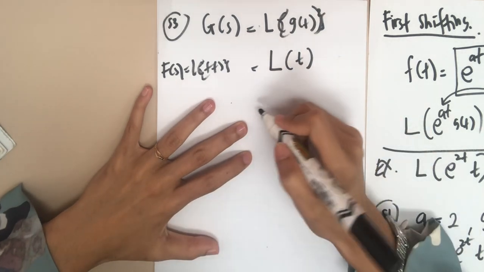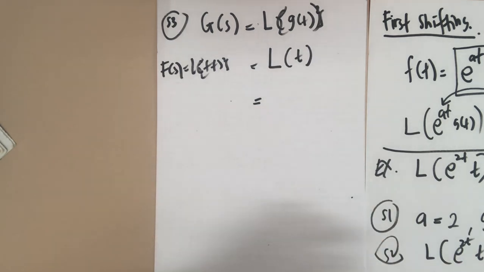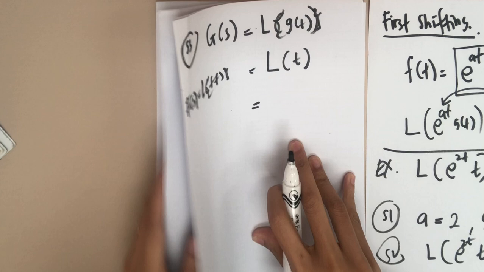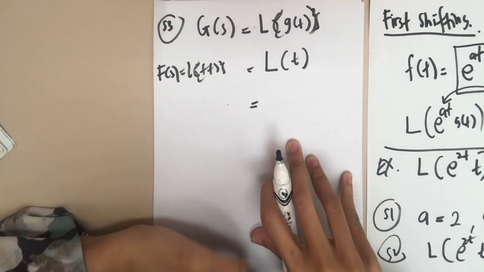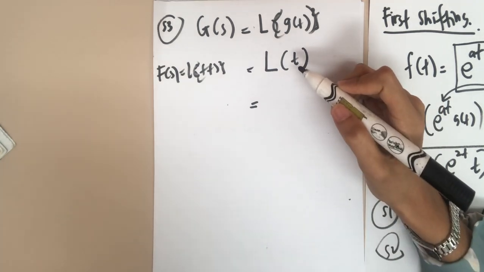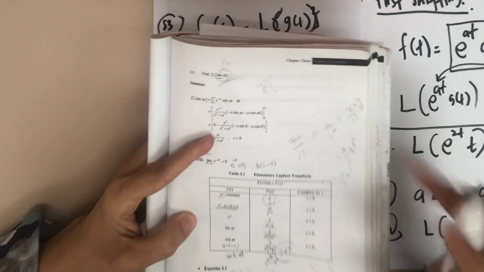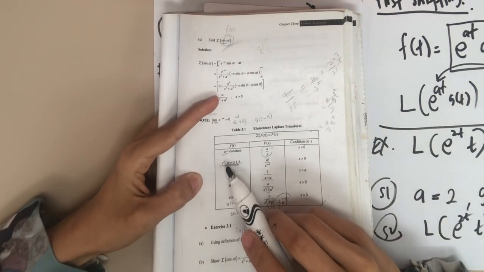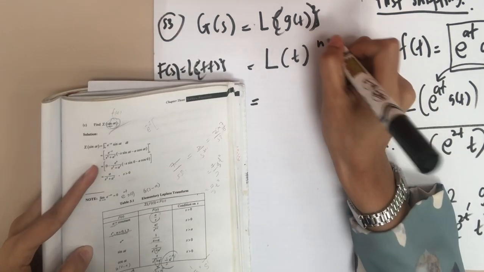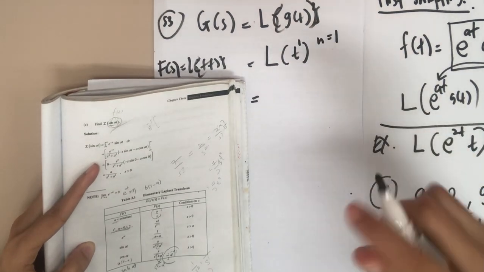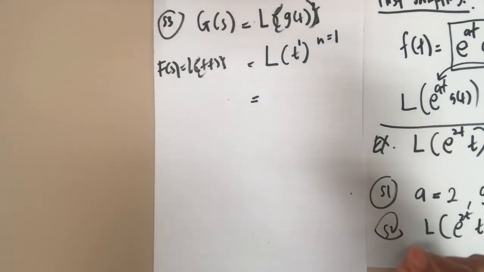By using the table of Laplace transform, you can refer to your table. The Laplace transform of t to the power of n is n factorial over s to the n plus 1.